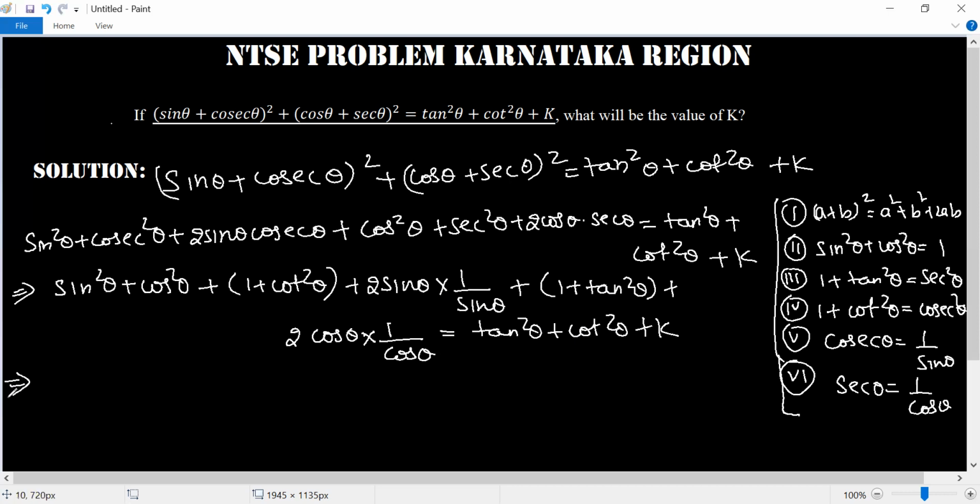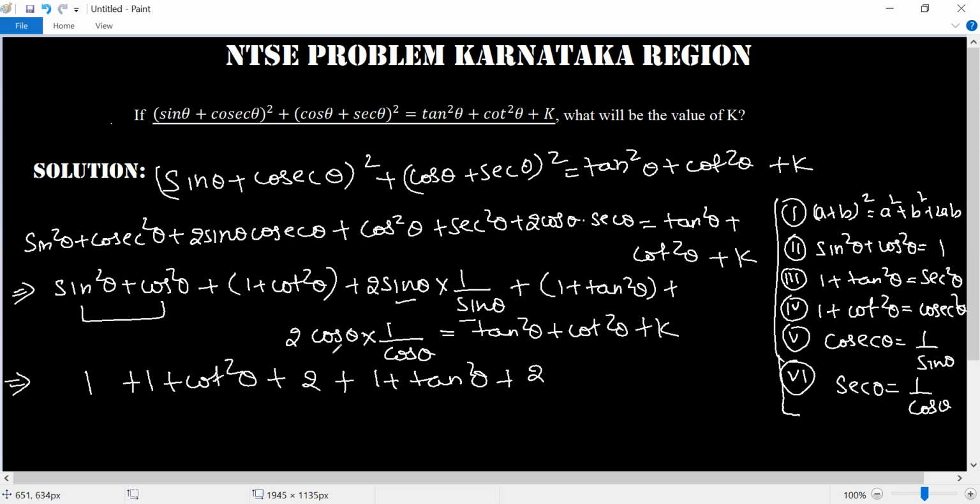Again, this is equal to 1 plus cot square theta plus 2 (cancelled), plus 1 plus tan square theta plus 2, because cos and cos again cancelled. This gives you tan square theta plus cot square theta plus k.